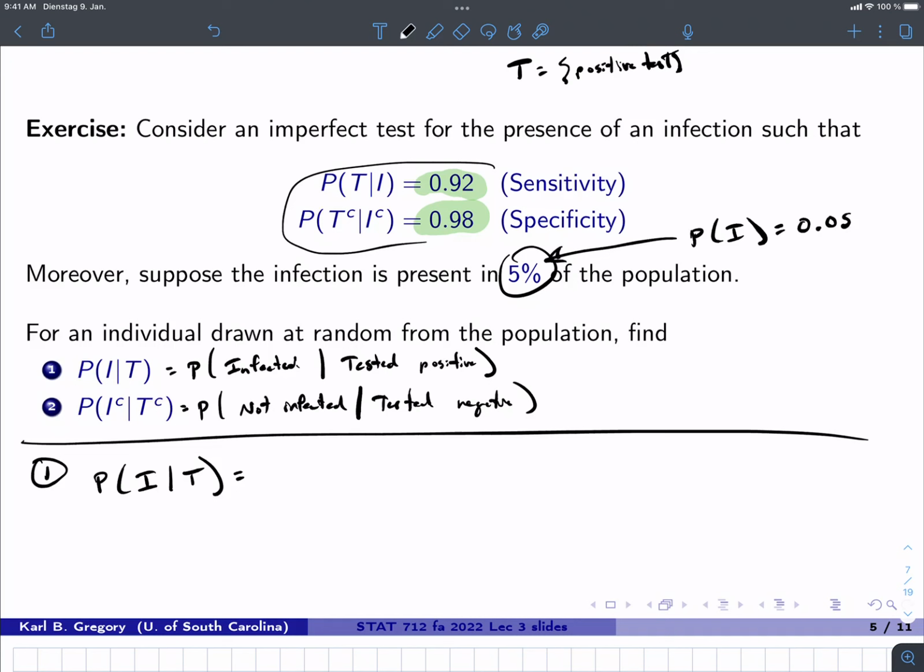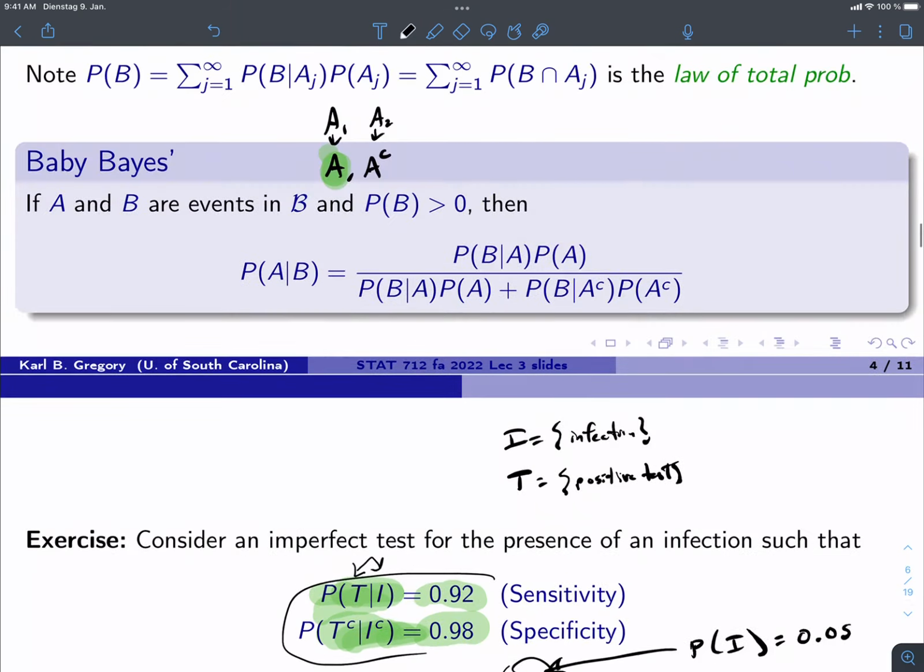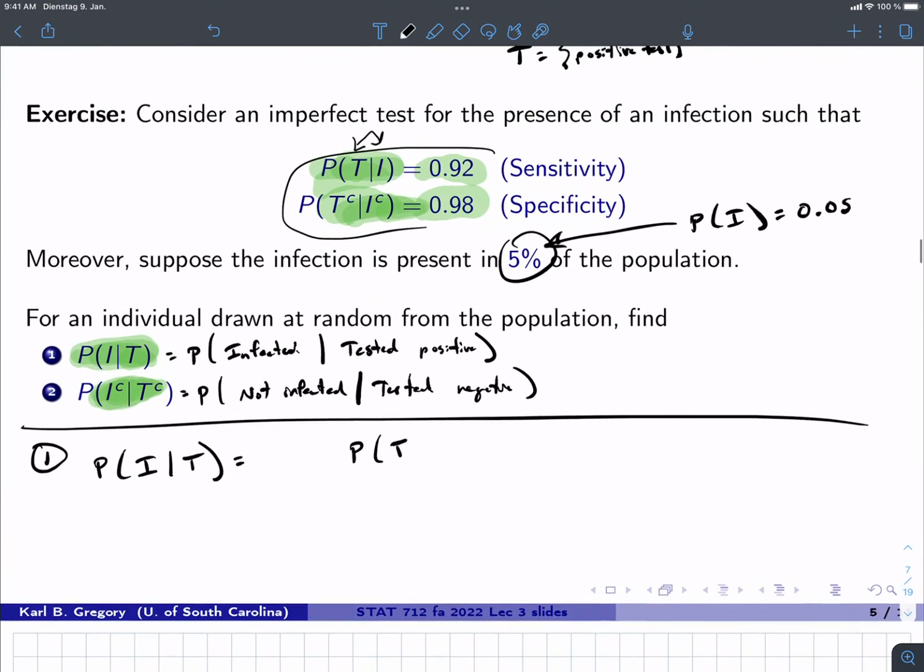Okay, so since I'm given certain conditional probabilities, but I'm interested in these different conditional probabilities, Bayes' rule helps me to flip the conditionality and get what I'm interested in getting. So you can think about using Bayes' rule whenever you want to flip the conditionality. So here we go, using this rule.